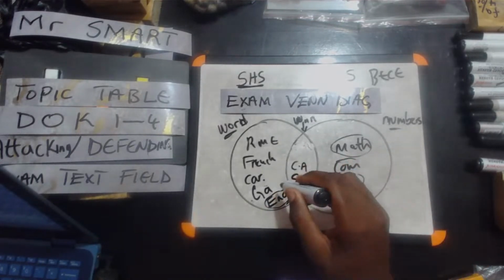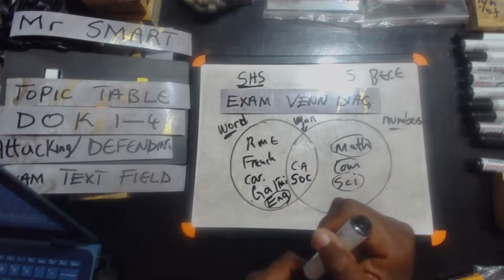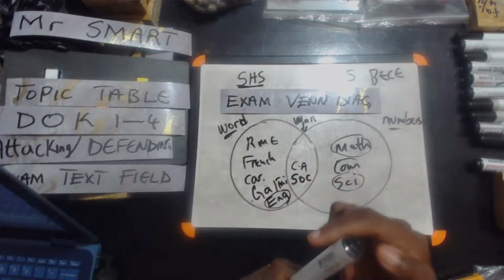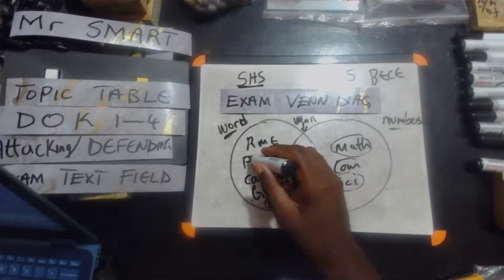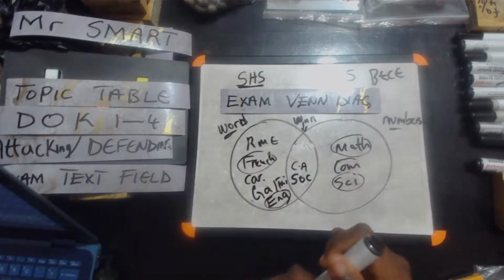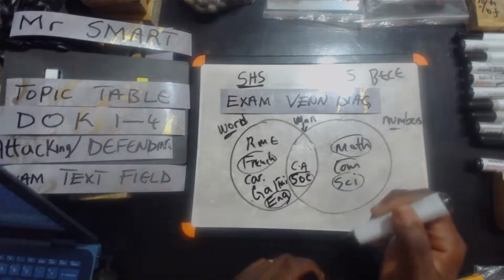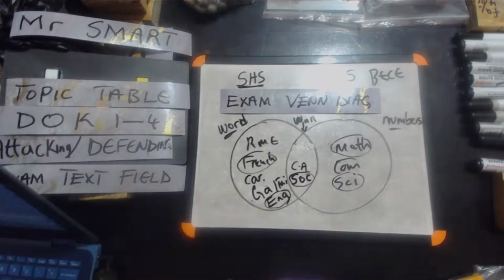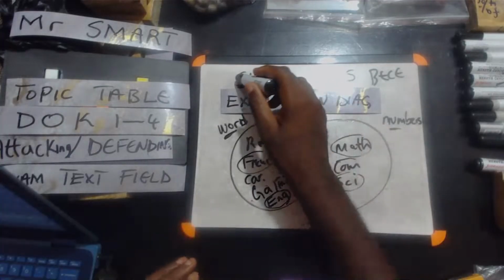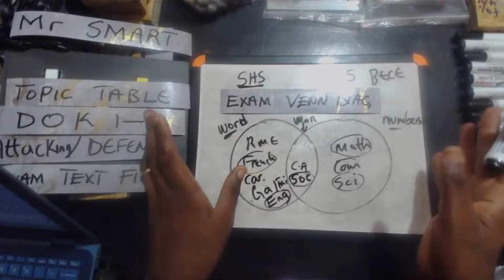And then obviously, there's Chi on the side in the word. Some do French, some do RME. I think so. There are various variations, social studies. So it doesn't matter, whether you're in SHS or JHS, the exam Venn diagram works for you.